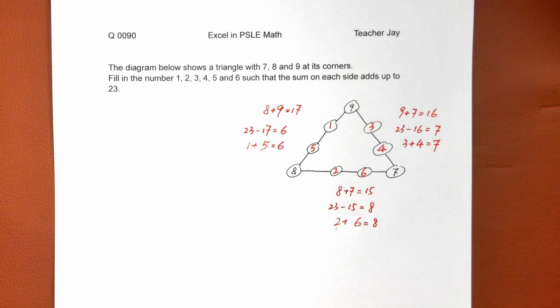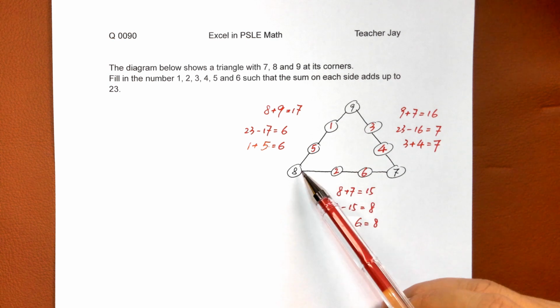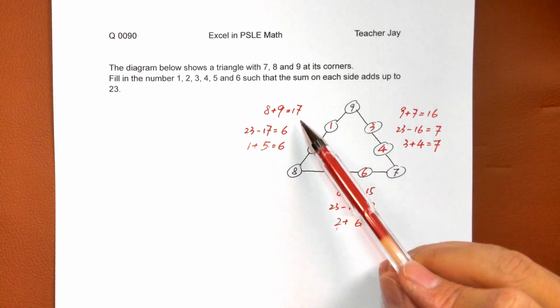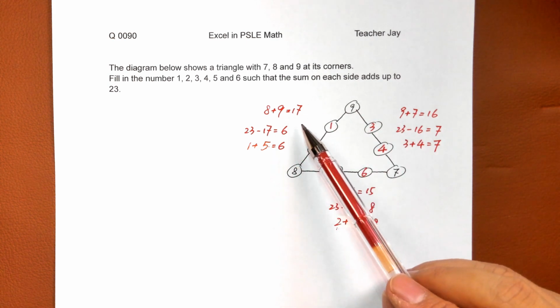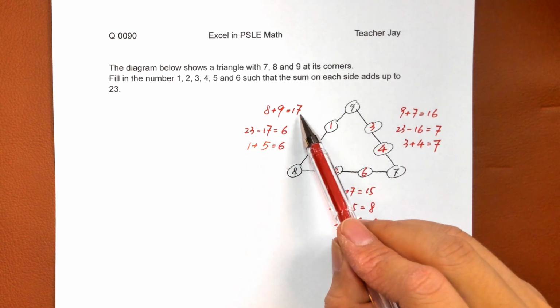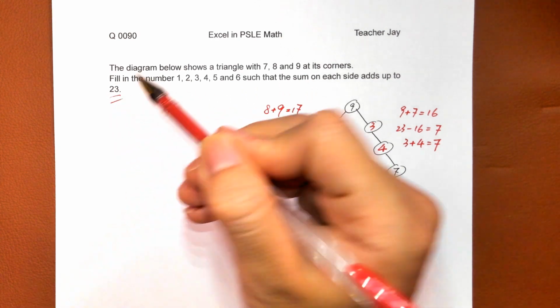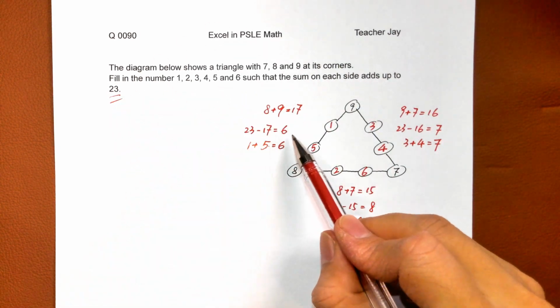And that is it. So before you solve these kind of questions, you need to make sure the sum of these two given numbers in each side of the triangle you must calculate. And after that, you minus the sum from the 23 here, and you can get the digits.